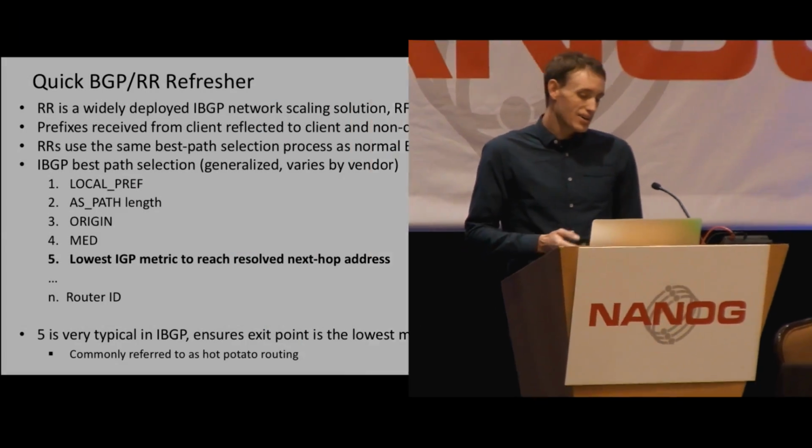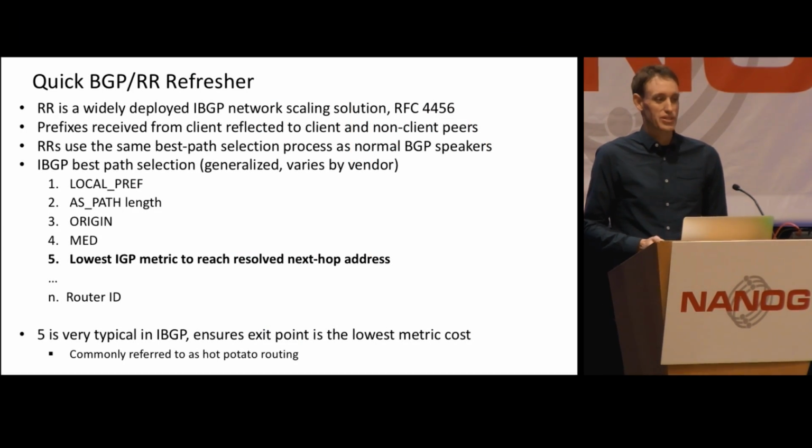Anyways, just to start off, a quick BGP route reflection refresher. I think most of the people in this room are very familiar with this. It's a widely deployed iBGP network scaling mechanism, codified in RFC 4456. I'm not going to go through this whole list.